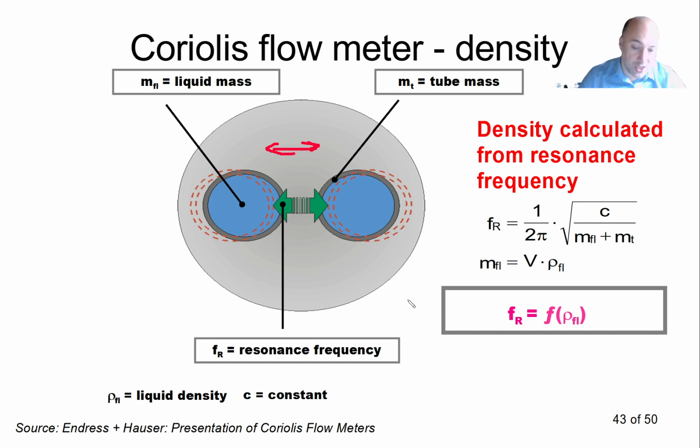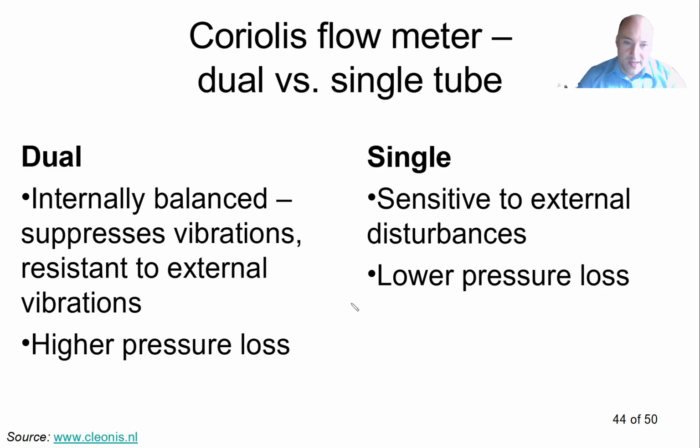So it can actually provide more variables than just the flow rate. We can have a single or a dual tube. In mechanical terms, the single tube version is simple, but it is sensitive to external disturbances such as vibrations.